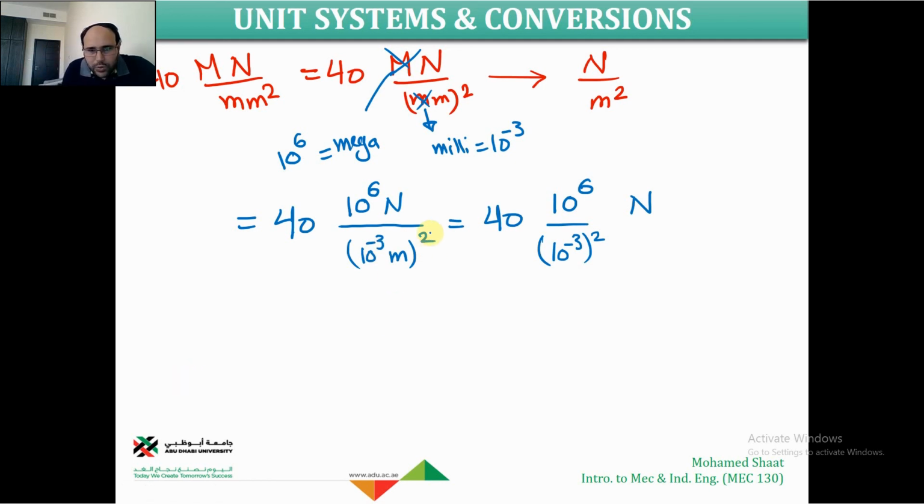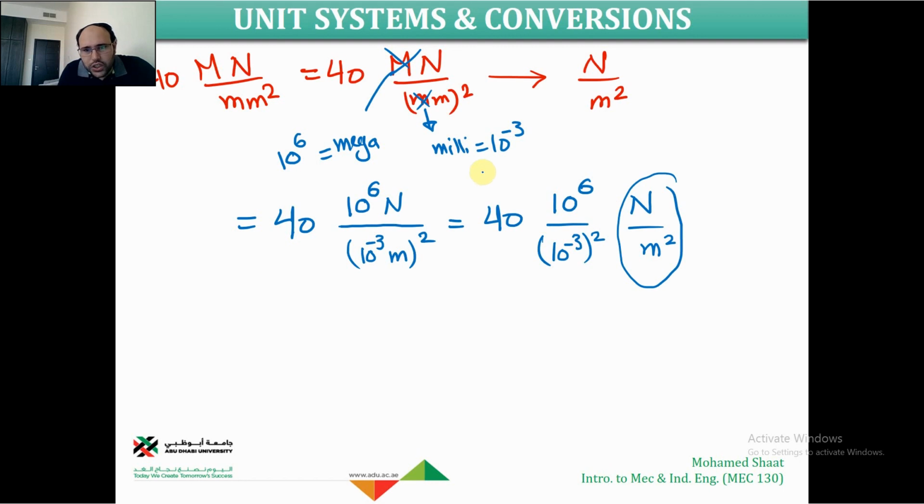We can even distribute this square over the 10 to the power negative 3. And then over this side we have the meter squared. So I'm just distributing this square among the letter or the unit and the numbers. I'm just trying to have the numbers separate. This is the main unit that we are seeking.